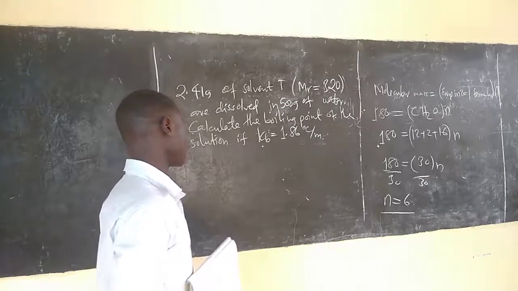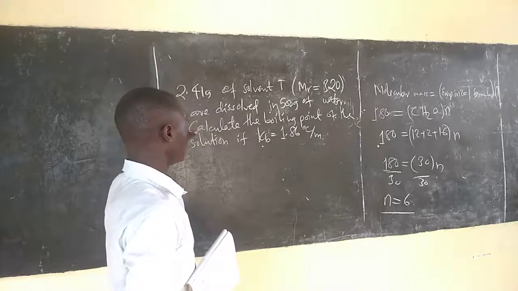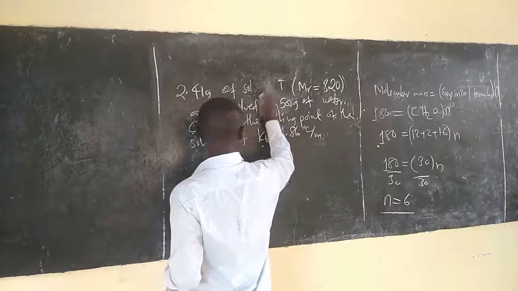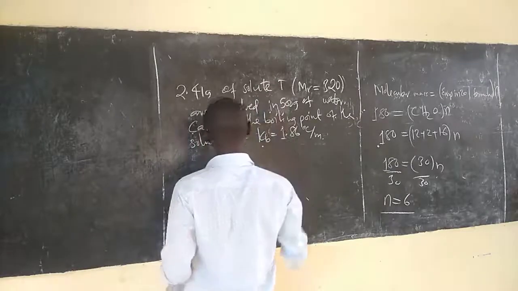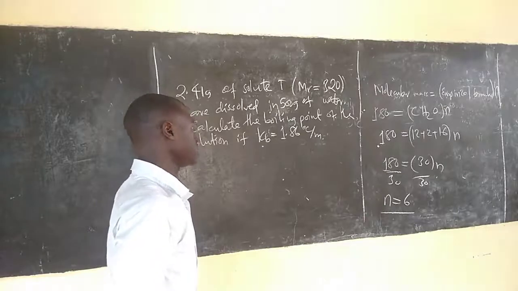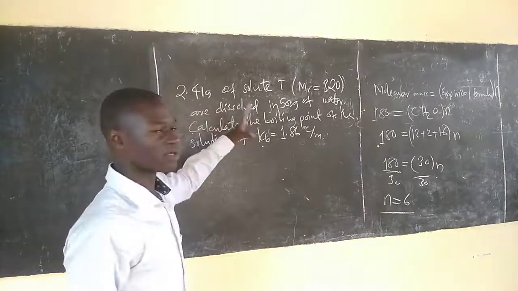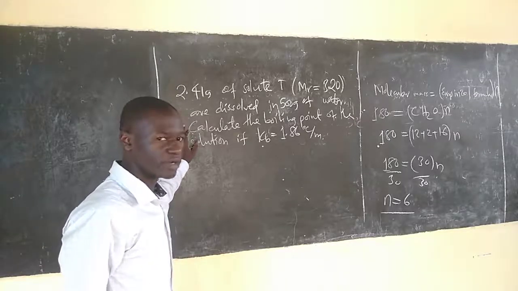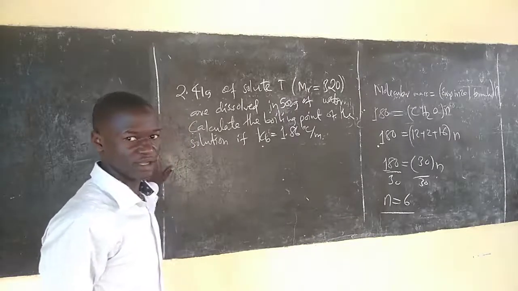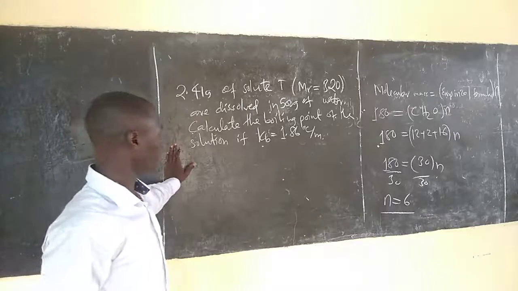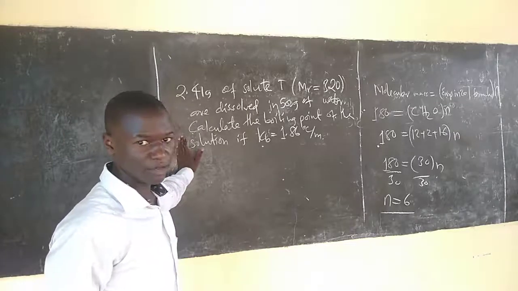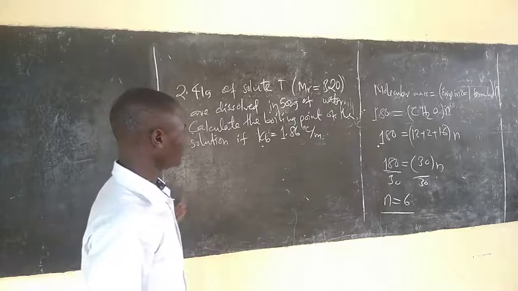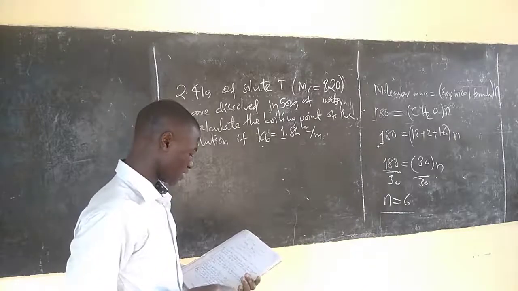The question is easy, of course. We are given the mass of solute, 2.41, with a given molecular mass, dissolved in 50 grams of water. You know the boiling point of water. Here we want to find the boiling point elevation, that is change in T. And once you get the boiling point elevation, what do you look for? The boiling point of the solution, where you take the boiling point of water, 100, and add that elevation. So I will leave the question for you to do.